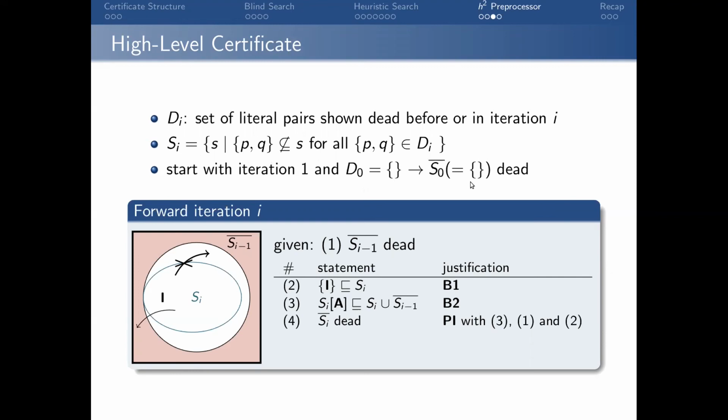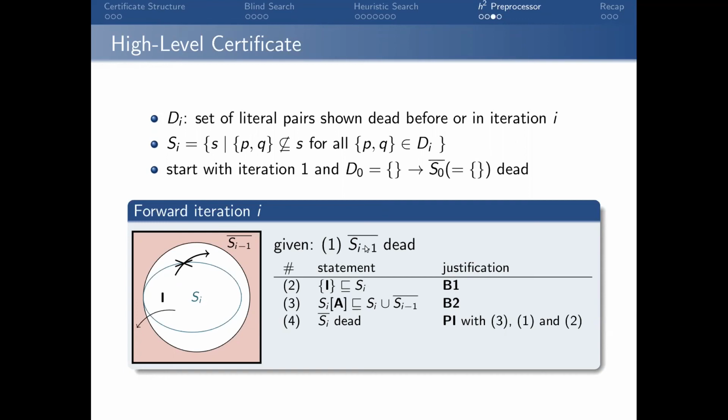So the negation of that is actually the empty set because S0 is still all states. So for our argument, we're actually going to show in each iteration that the negation of this new set is dead. And we can assume for each iteration that the set Si-1 is dead already. So that we always can assume as given.